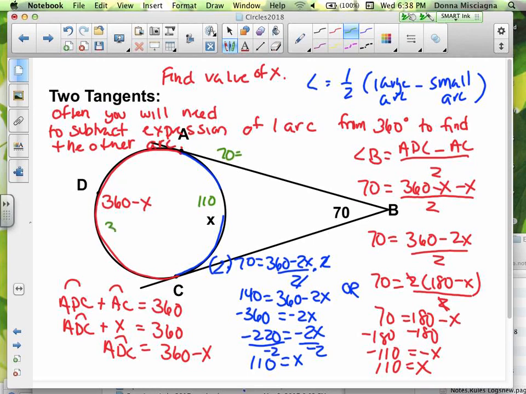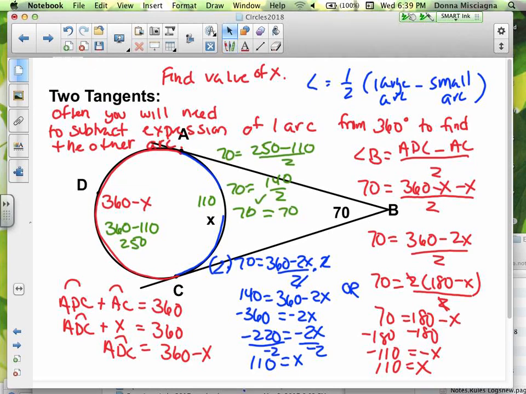And that means this one would be 360 minus 110, or 250. So 70 equals 250 minus 110 divided by 2. It's a nice thing to always check your work. 70 equals 140 divided by 2, which is a true statement. 70 equals 70. And there we go. Look at that. We solved it.